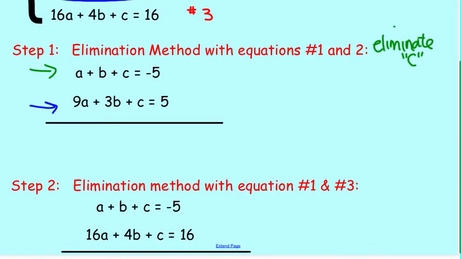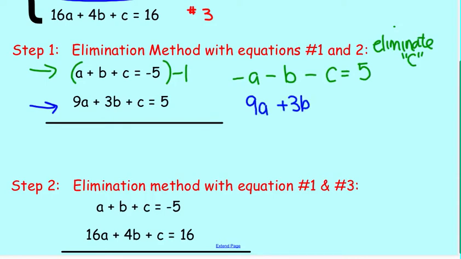So I'm going to multiply that top equation, it doesn't matter which one, by -1. I'm going to distribute through. So I now have negative a, negative b, negative c, and now negative negative turns that to a positive 5. Now my blue equation just stays as it is: 9a plus 3b plus c equals 5.